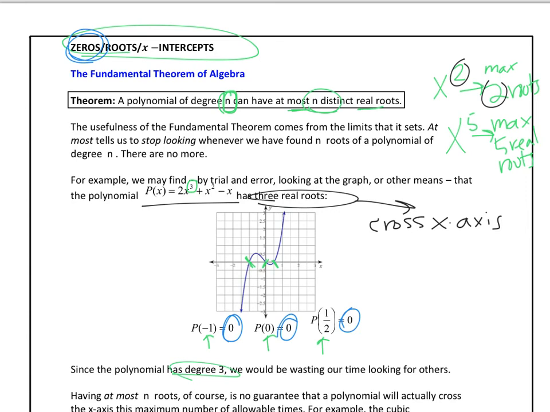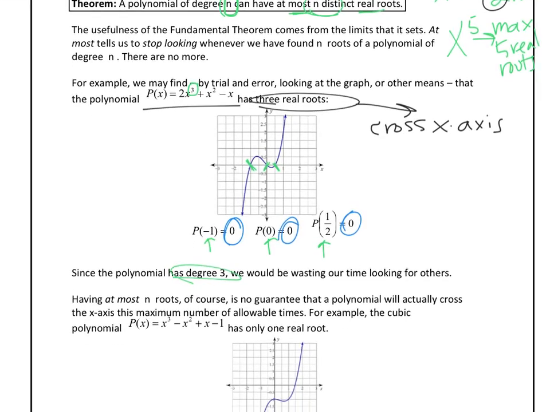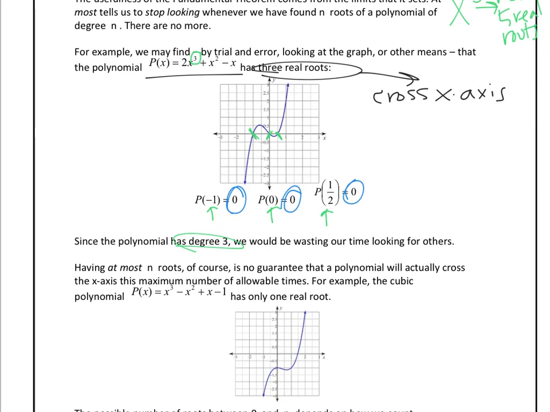Having at most roots doesn't mean that it's actually going to cross the axis that many times. So having at most n roots is no guarantee that it will actually cross the x-axis that number of times allowed. For example, this one here is still a third degree, so it's a max of 3 real roots, but it only crosses 1 time, so it only has 1 real root.